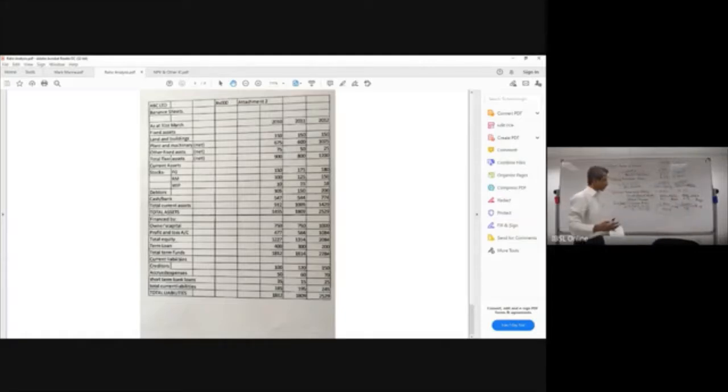So the next one, like the stock turnover and stock residence period, is the debtor collection period.